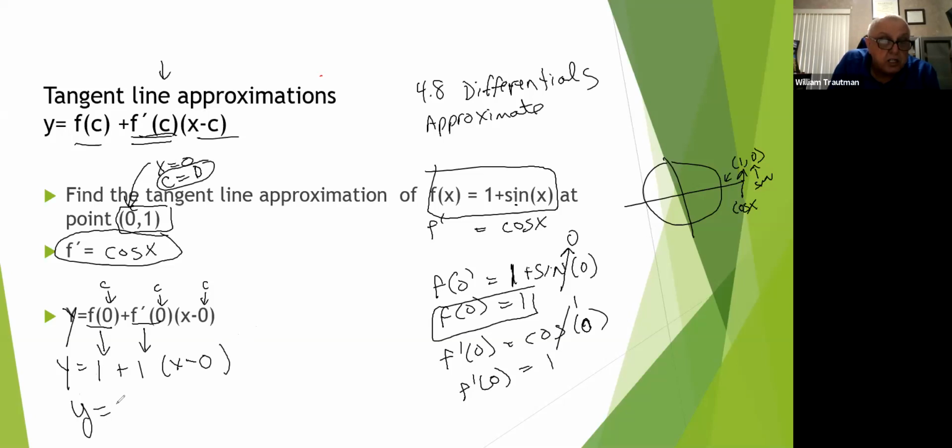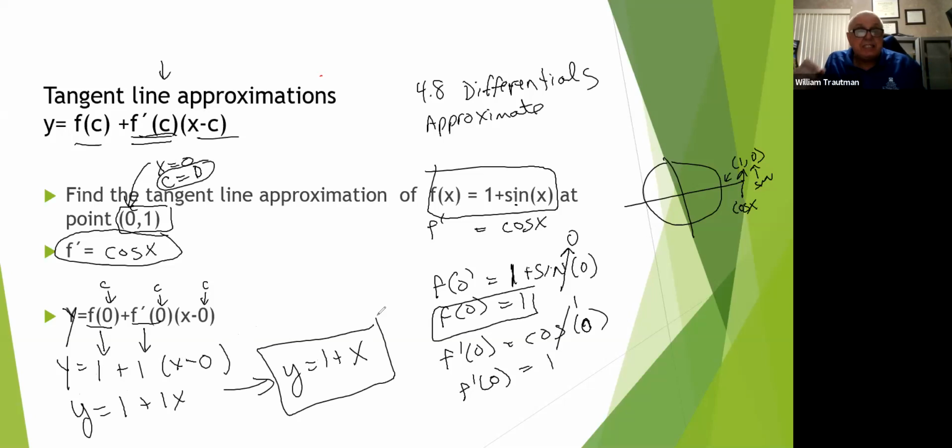This all comes to 1 plus 1 times x minus 0, which is 1 times x. You can rewrite this as y equals 1 plus 1x, or 1 plus x. And that's it. This is the tangent line approximation to 1 plus sine x.